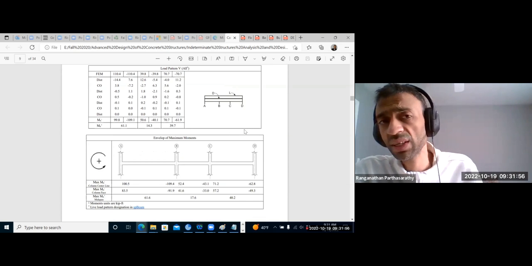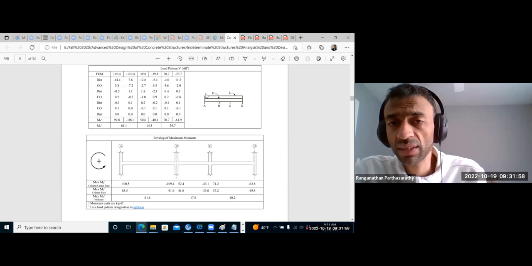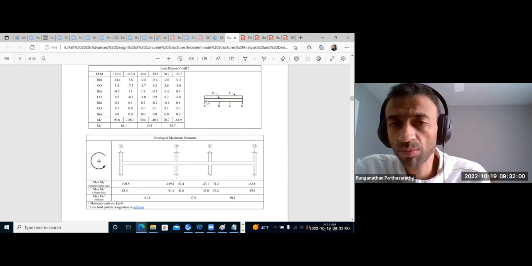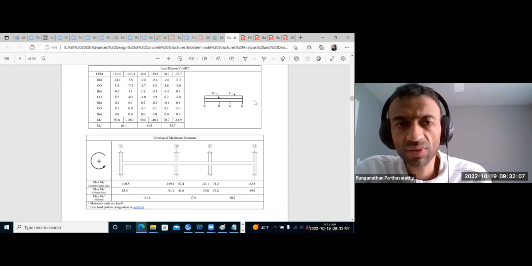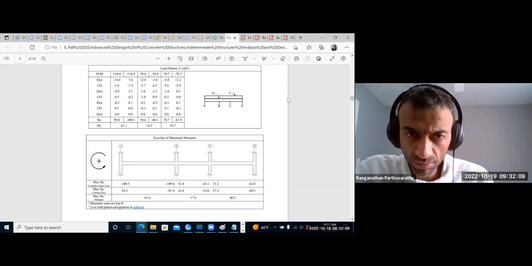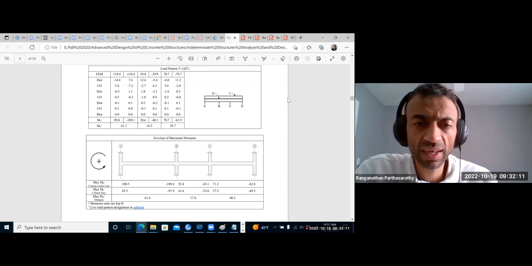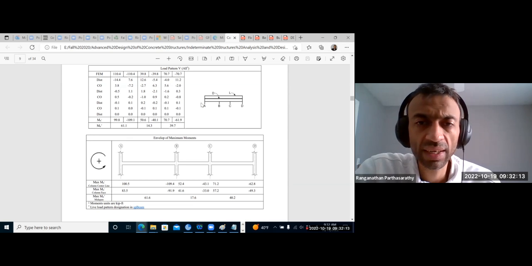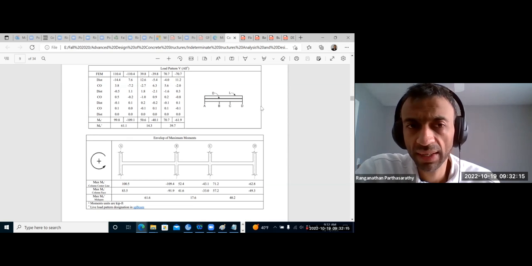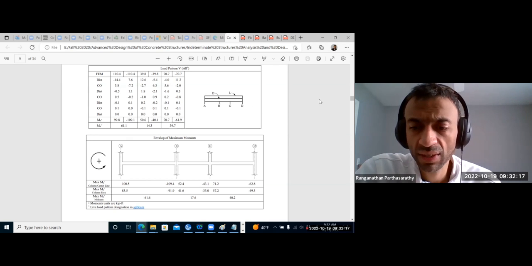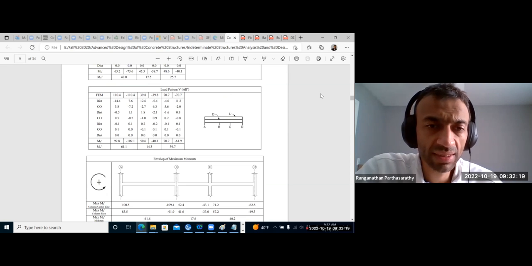So now do you see, we need to calculate the moments at the supports for all the possible load patterns. Then we will check now. For example, we are looking at joint A, okay? Support A. Which one is giving us the maximum negative moment? Let's see.